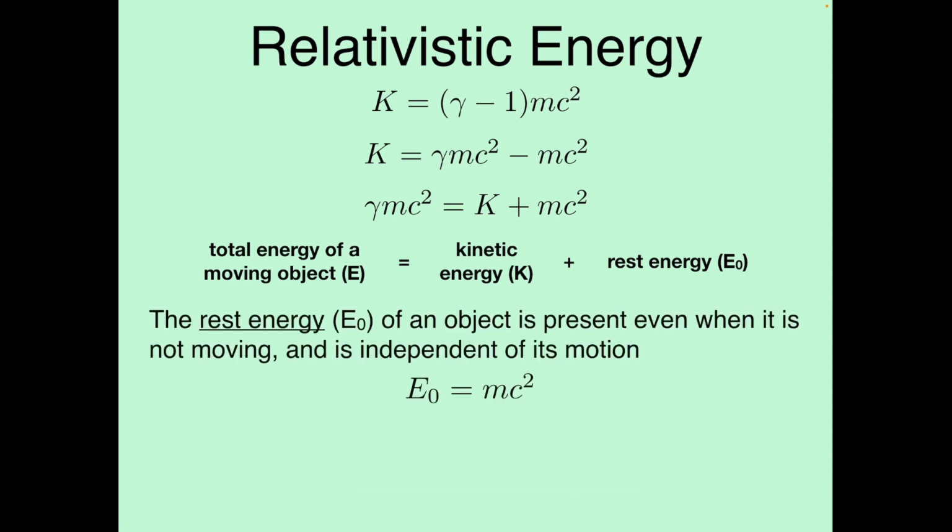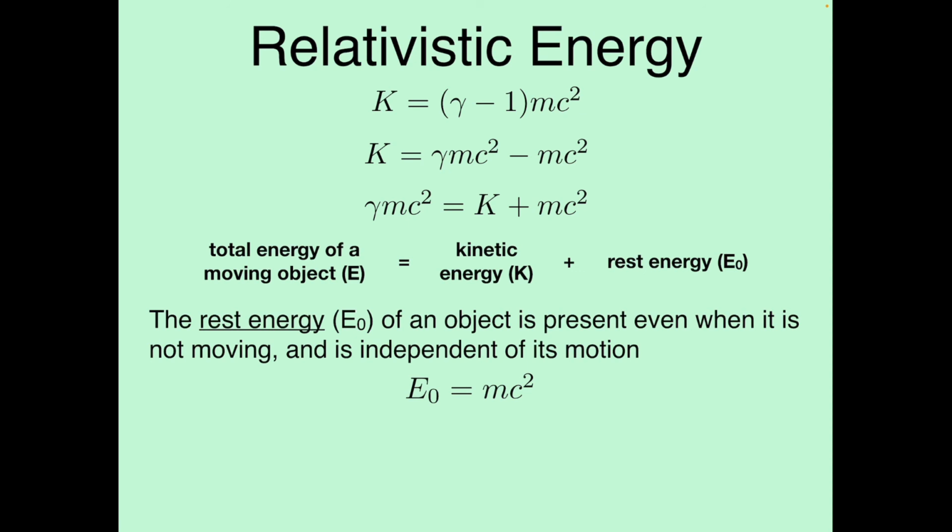So let's think about that. The rest energy, which I'm labeling as E0, is a type of energy that will be present even when the object is not moving. Notice how this term, mc squared, doesn't depend on the speed of the object. It just depends on the mass and the speed of light.